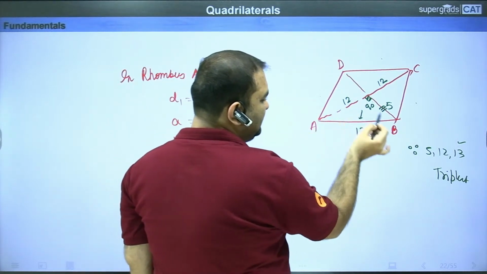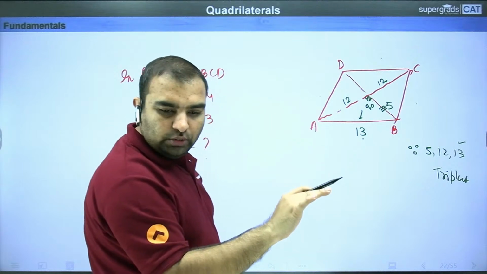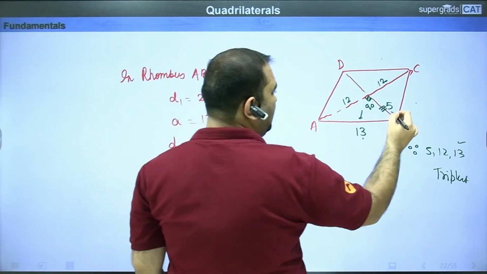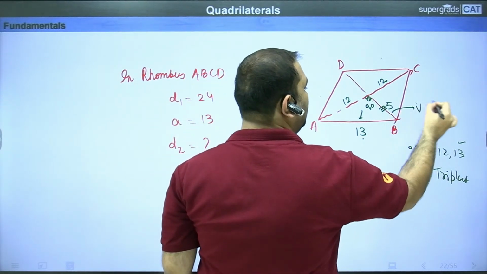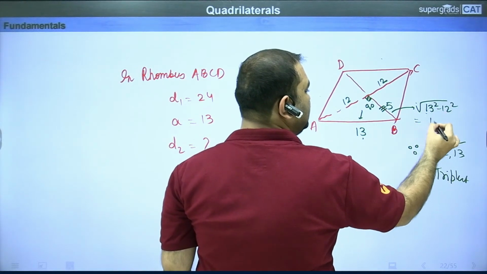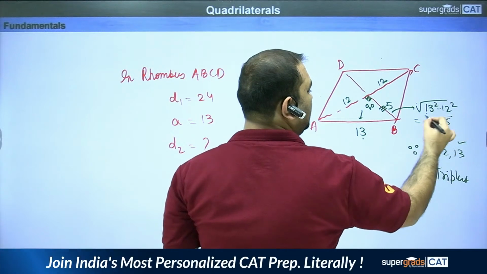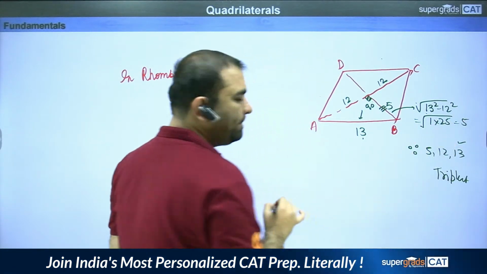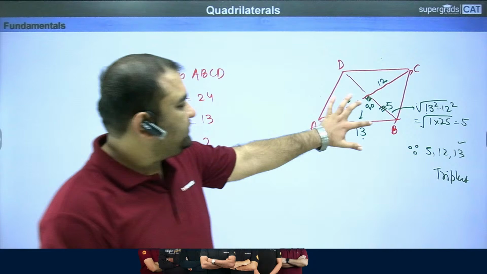If this is 12, this is 5. If you don't know this, how can you find it out? Under root of 13 square minus 12 square, a minus b, a plus b, 5. So if this is 5, this is also 5.